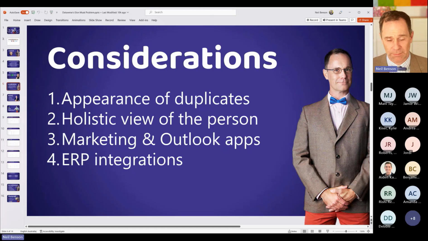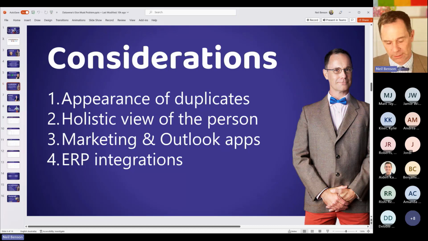We want a holistic view of the person. We want to be able to see all of our interactions with them, regardless of their job history. And we see this even in very basic customer relationship management projects, where we're dealing with a contact who's left an organization. So Microsoft would encourage us to deactivate that contact record. And then if they pop up at another organization, we create a new contact record and we associate them with the new account. We do that rather than just changing the account field on the contact record, because then all the previous contact history would appear underneath that account, and that's probably not appropriate.